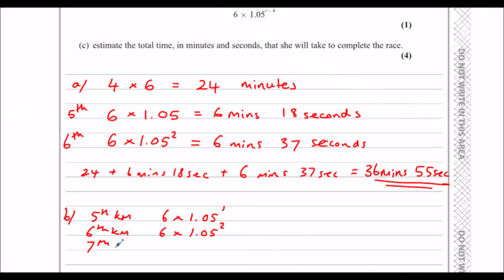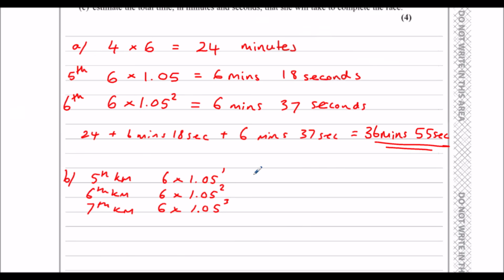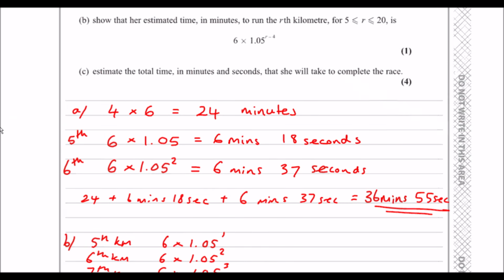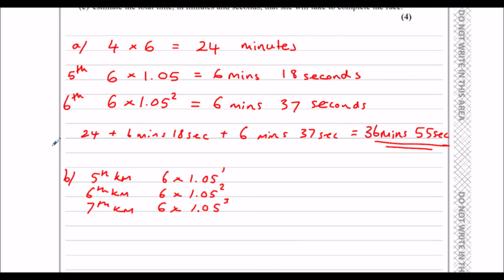The 7th kilometre is 6 times 1.05 cubed. So it's always 4 less. So 5 minus 1 is 4, 6 minus 2 is 4, 7 minus 3 is 4. So it's 6 times 1.05 to the power of r minus 4.